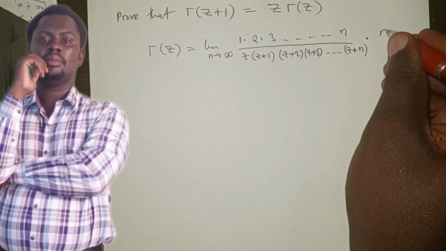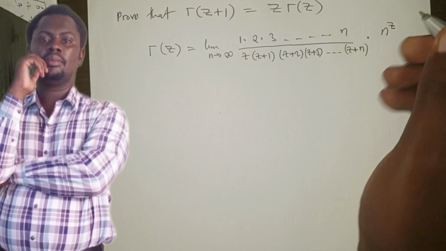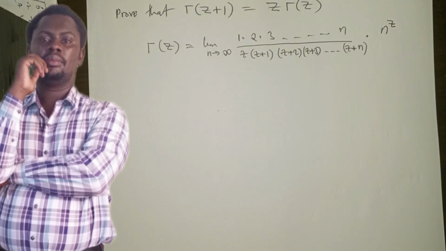This is multiplied by n to the power z. So this is the definition for gamma of z.